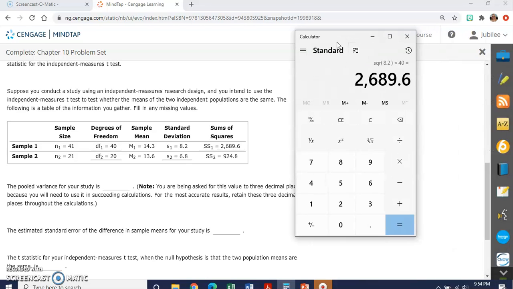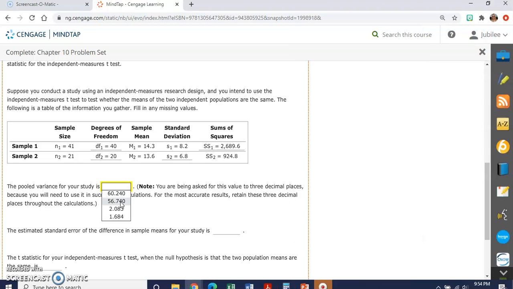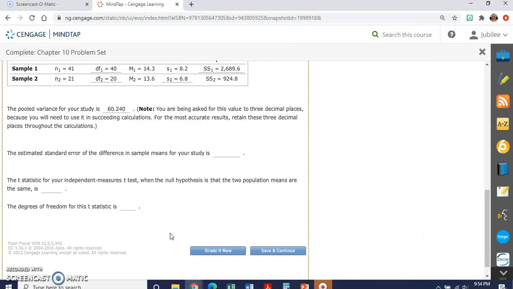So I'm going to start with my sums of squares. I already have one here, so I'm just going to add the next one, 924.8. And I'm going to divide that by my two degrees of freedom added together. 40 plus 20 equals 60. So I'm just going to divide that by 60. And I got 60.24. And there it is.